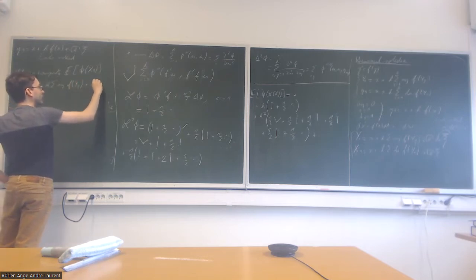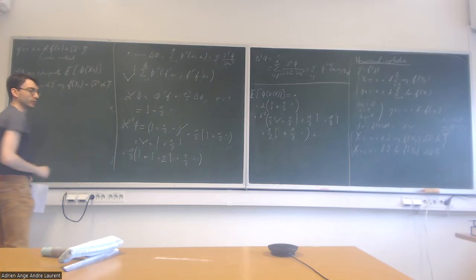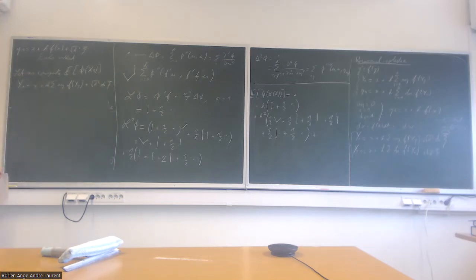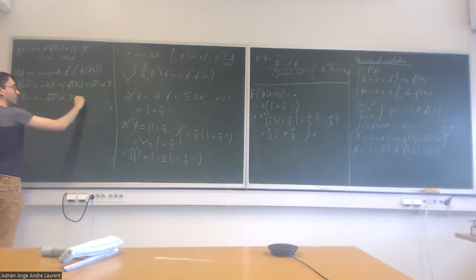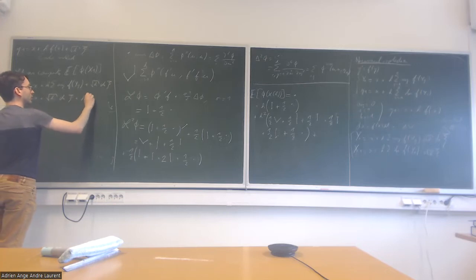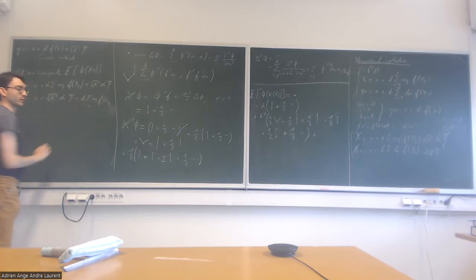You take that. You say that yi is equal to x plus square root of h times the random variable plus h sum of aij f of x. That's all.